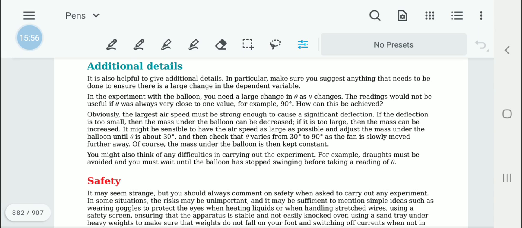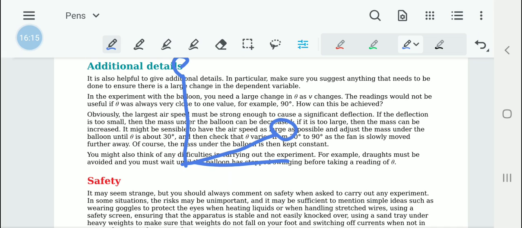That is, if it ranges from the lower speed to the higher speed, and the change is only about 5 degrees, then it is insignificant for us to measure. But if it is changing from 90, that is, initially if the balloon was like this, and then finally if it was something like this with this angle being 30 or something like that, then that is a pretty good change.